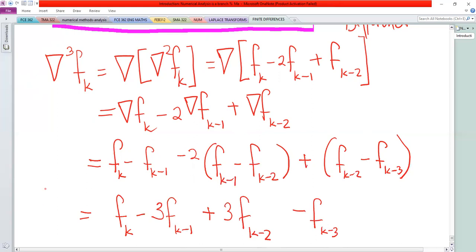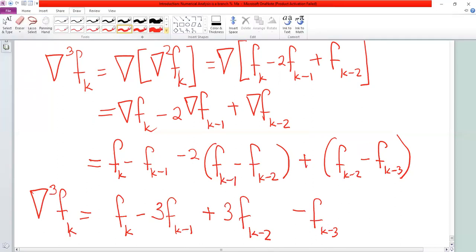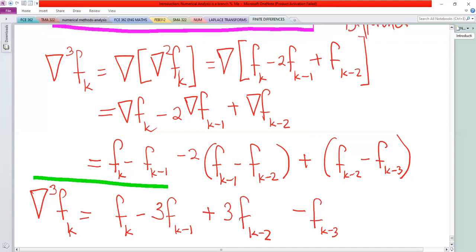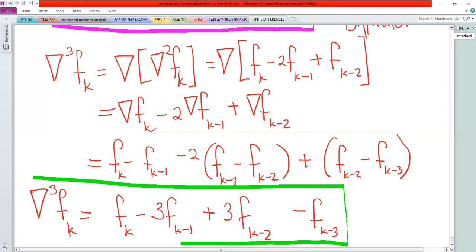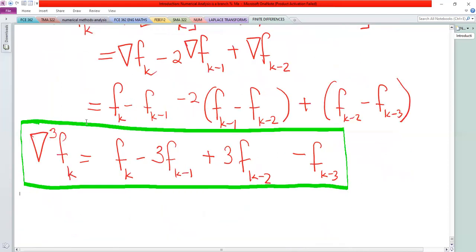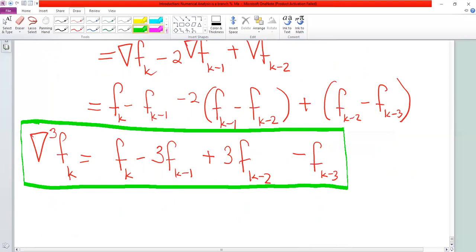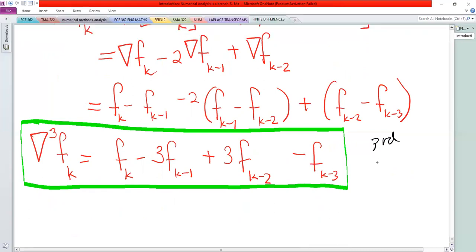So this is the third backward of fk. This is what we call the third backward difference.